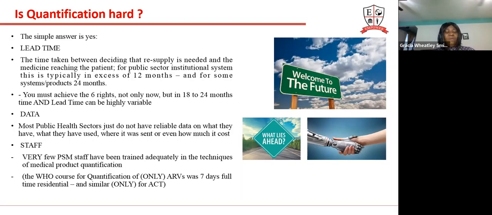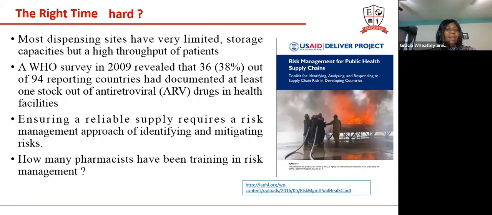Because quantification is a multidisciplinary combination of individuals working together to achieve that goal, the 6 rights. So very few PSM staff have been trained adequately in the techniques of medical product quantification. Training is definitely a plus.